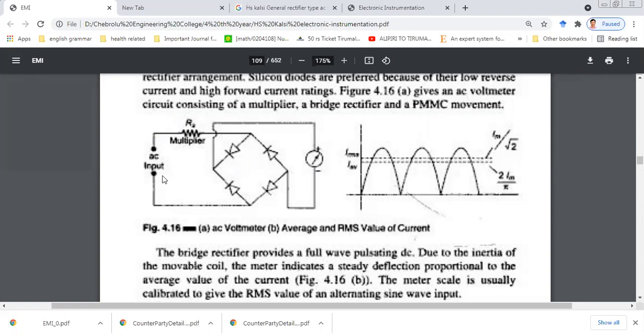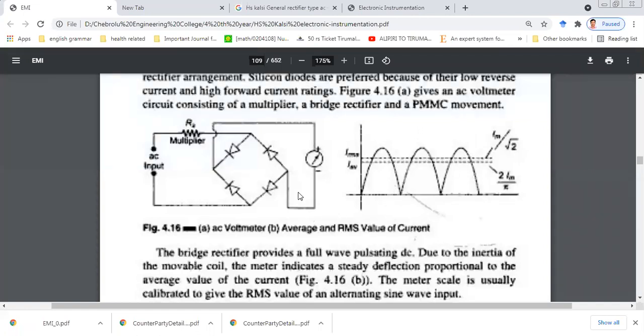Okay. So by the application of AC input voltage to the bridge rectifier, it will produce the positive half cycles only. For the negative half cycle of the input AC, we also get the positive value. So with that we can get the average current and average RMS current.